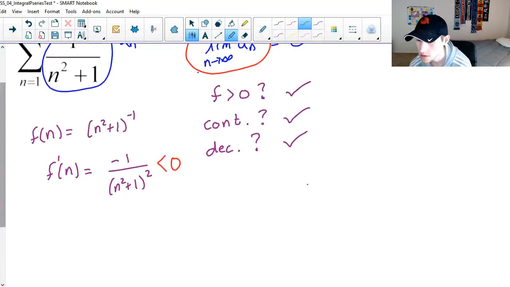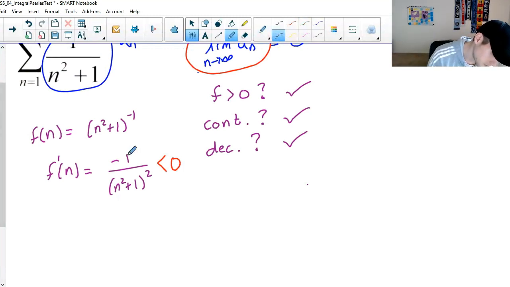What about the reverse chain rule? Reverse chain rule would be like if we were integrating, right? Wait, reverse what? Oh, just the chain rule. Ah, yes, just the chain rule in general. Sorry.